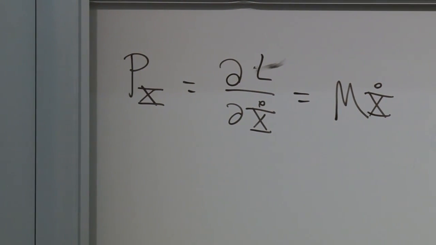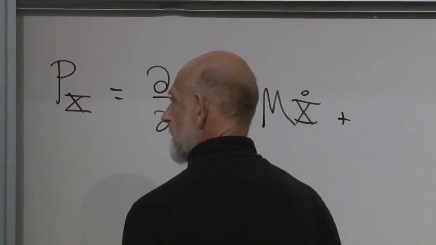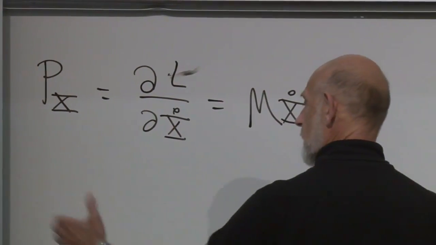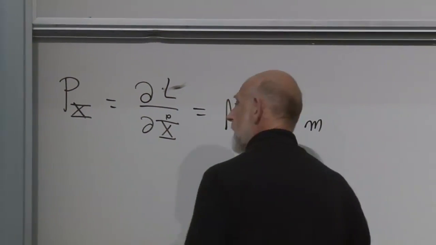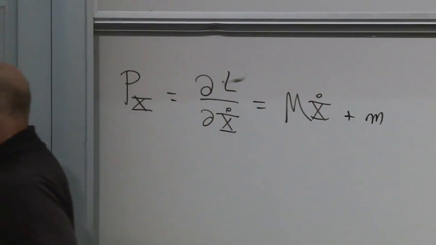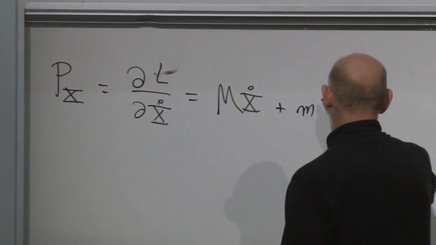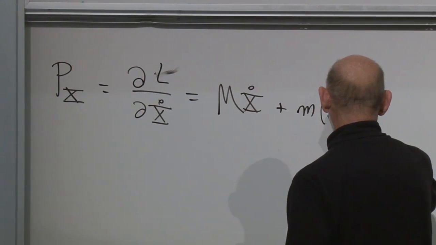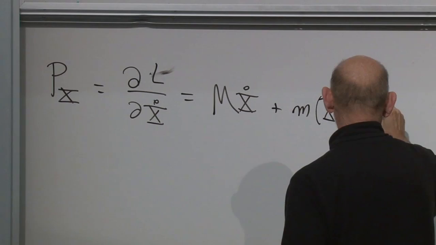From here, there's plus m over 2. Well, the 2 is going to cancel, and there's little m times the derivative of this thing here with respect to X dot, and that's another factor of capital X dot plus little x dot.